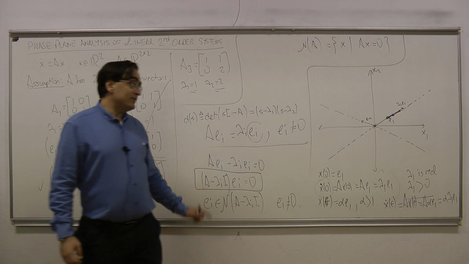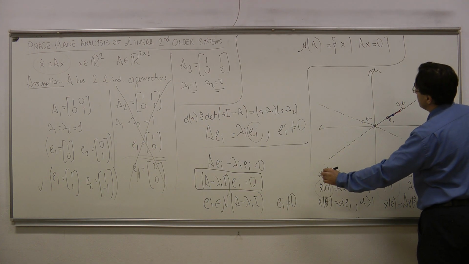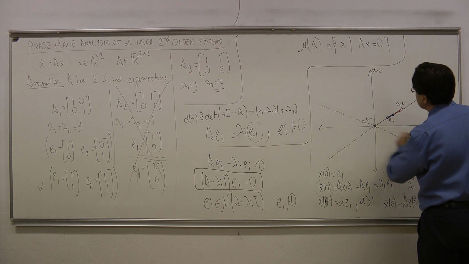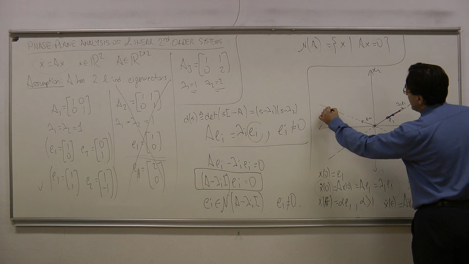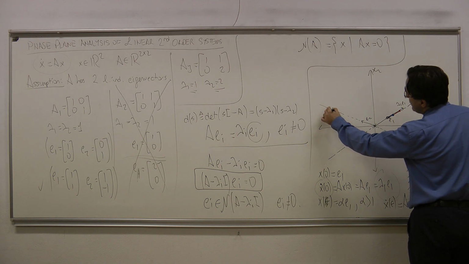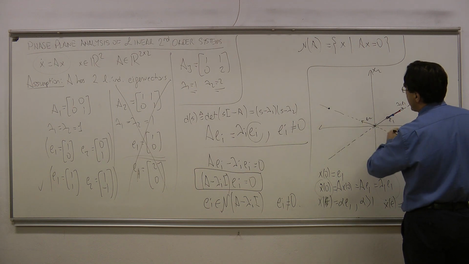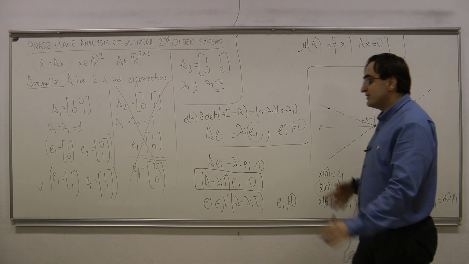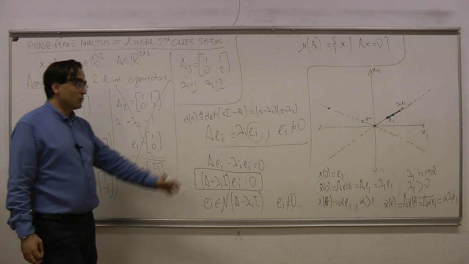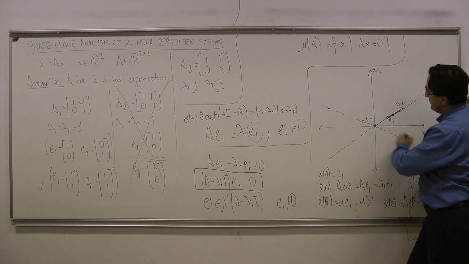So as a result, if I consider the line corresponding to an eigenvector, and the other line corresponding to the other eigenvector, whenever I start the state anywhere on these lines, the state trajectory would always remain on this line. So in some way, these eigenlines, as I can call them, are invariant lines.